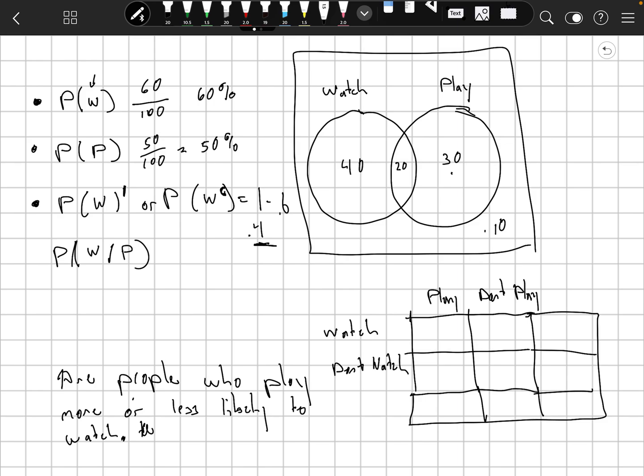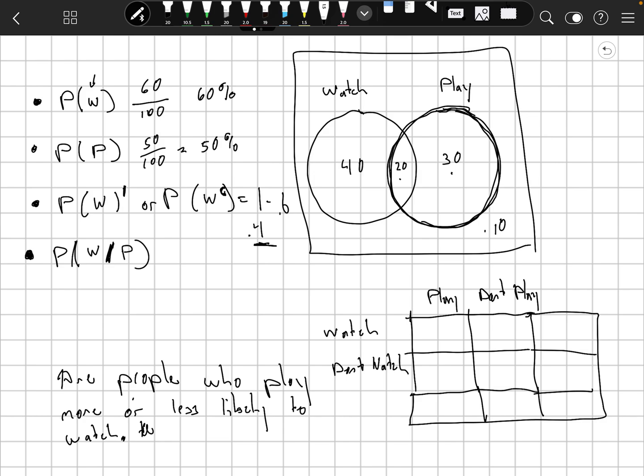Okay, and finally, this last thing, it's a conditional probability. The way we would say this is probability of people who watched given that they played. So let's take a look at our Venn diagram. Our sample space now, since it's conditional, is just out of that many people who watched given that they played.